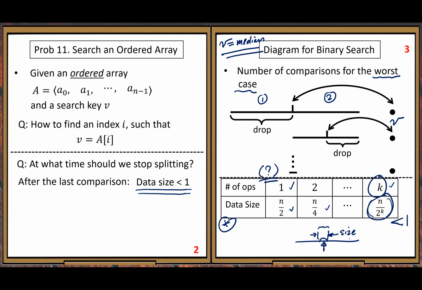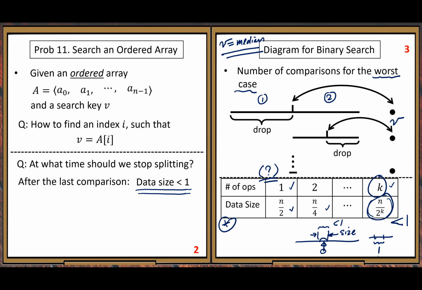If the length is less than 1, it can only cover one integer, right? It can cover one data item, not two. If you have two data items, the difference between them is 1. But your interval is less than 1, so you can only cover one element.